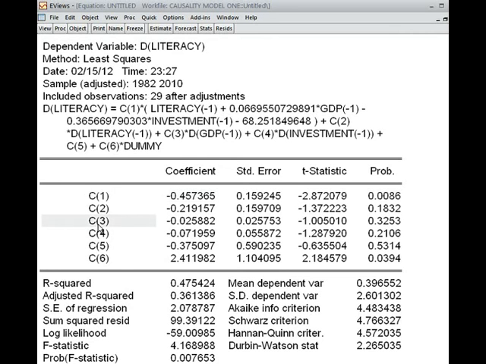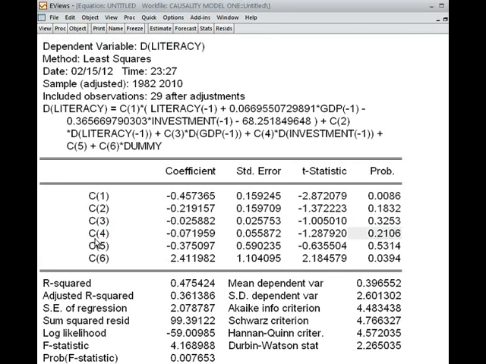What about C3? What is C3? C3 is the GDP, right? This one. C3, is it significant? No. That means GDP does not influence the rate of literacy. C4 is also not significant.